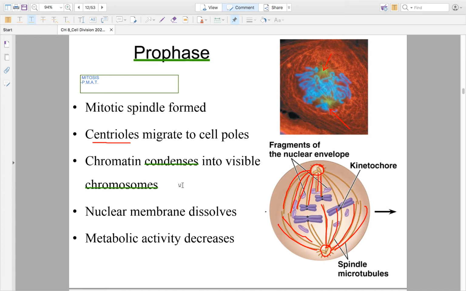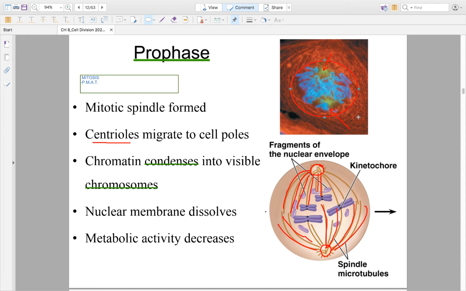So normally we cannot see DNA, unless a cell is in the middle of cell division. Then you can clearly see it, right here in this image. You normally wouldn't be able to see it, but we're in prophase, so you can.